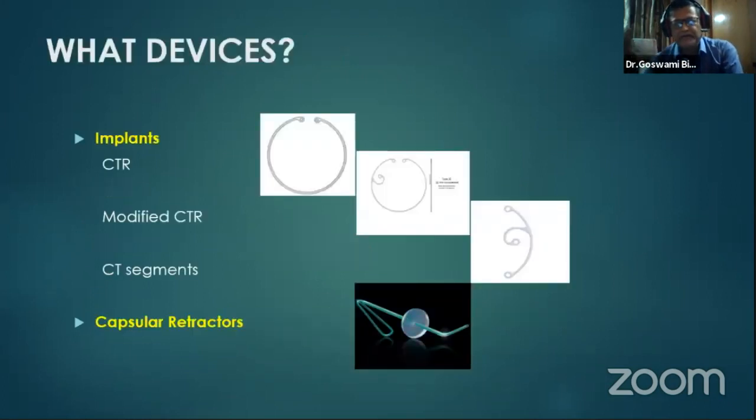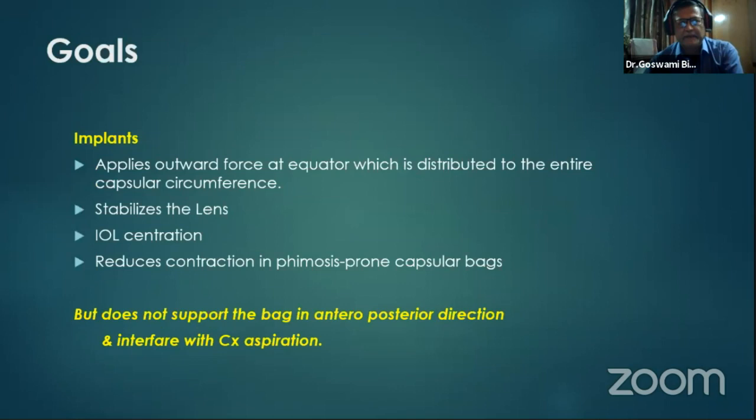We have two different types. Already Dr. Chitra has shown that capsular retractors are like pupillary hooks. They are almost universal. Implants may be circumferential, like the capsular tension ring and its modified versions, and there may be localized ones, that is CT segments, the capsular tension segments. The goals and purpose of the implants are different from those of the retractors.